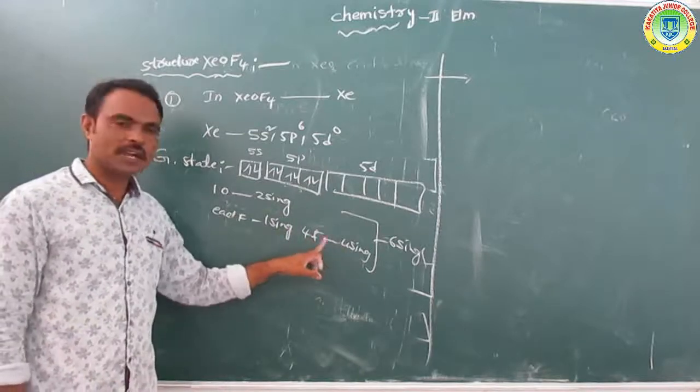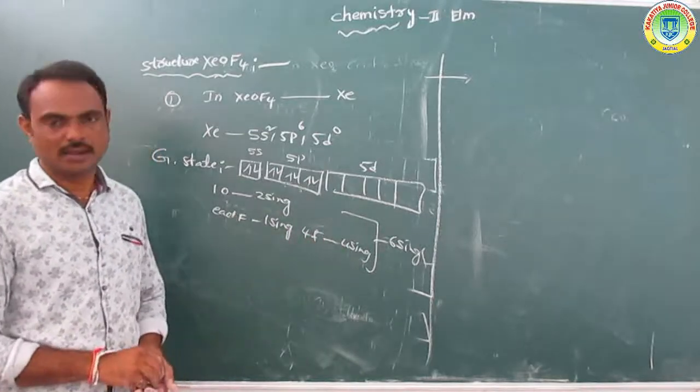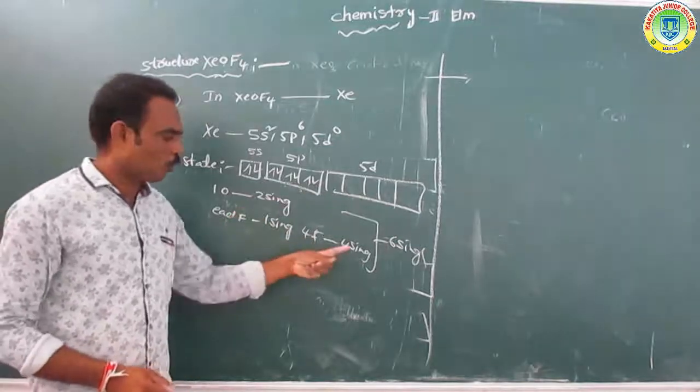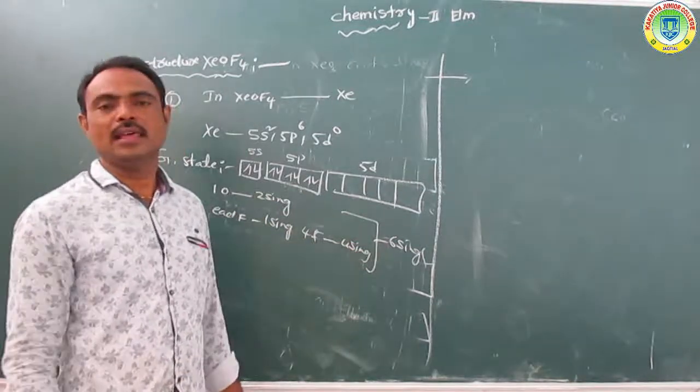So 4 fluorine atoms contain 4 single electrons. 2 plus 4, total 6 single electrons.